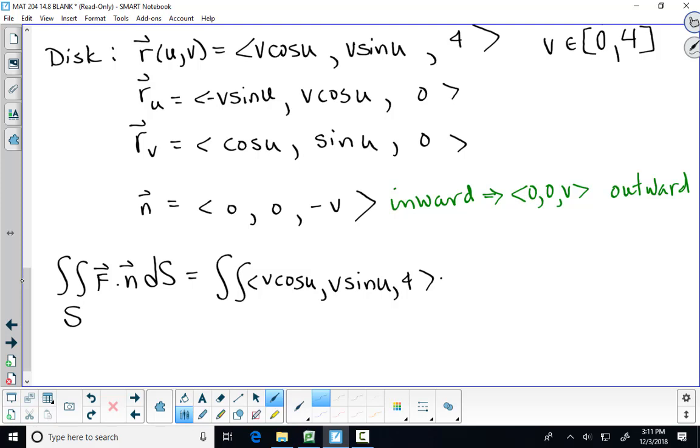Okay, so then this is the field evaluated at our parametrization, and then we have to dot it with the normal, 0, 0, v, and that's going to be du dv, and our u's were 0 to 2 pi, and our v's were 0 to 4.